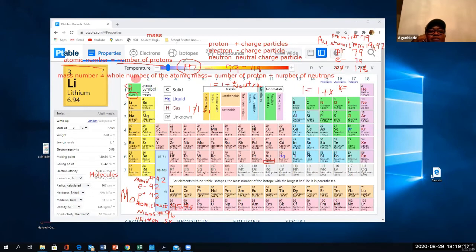We know that the mass number is equal to the number of protons plus the number of neutrons. So if I take my mass number and subtract the number of protons, that gives me my number of neutrons. That's just a little bit of algebra. So 197 minus 79, because that's the atomic number, which is also the number of protons, equals 118. And that gives me my number of neutrons. You got it? Got it.